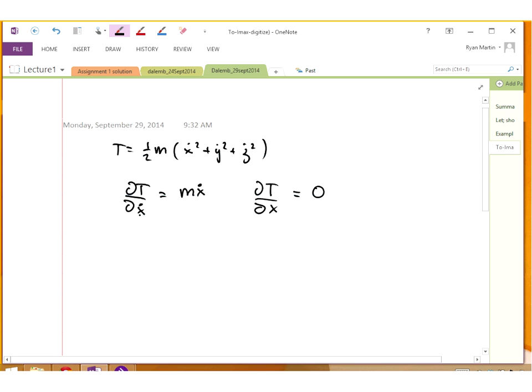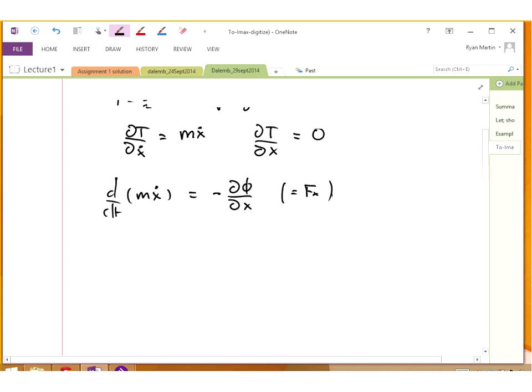And so if we put this all into D'Alembert's equation, we get d/dt of mẋ equals the generalized force on x, which was minus ∂φ/∂x. Right, that was equal to Fx.